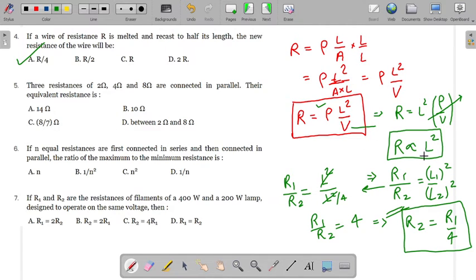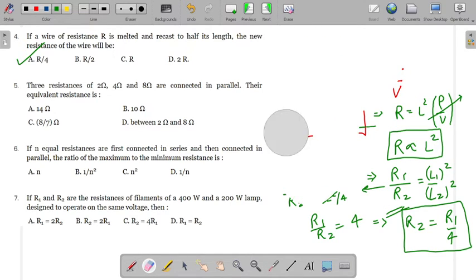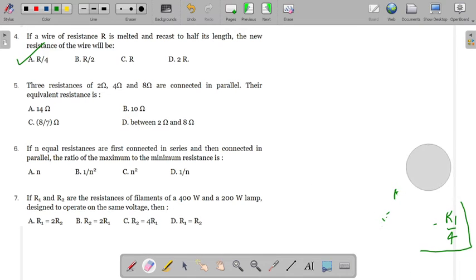So I hope you can understand how we solve this question. Understand it once again if you want. As we know, the same wire is melted, so volume remains constant.